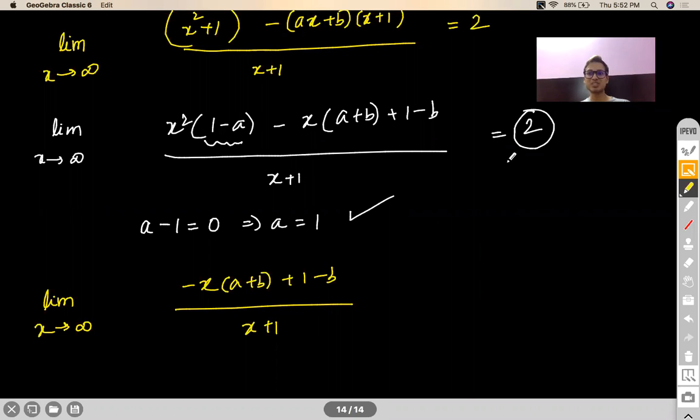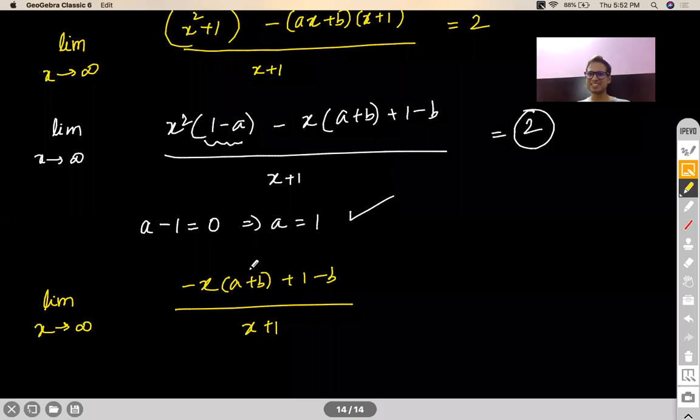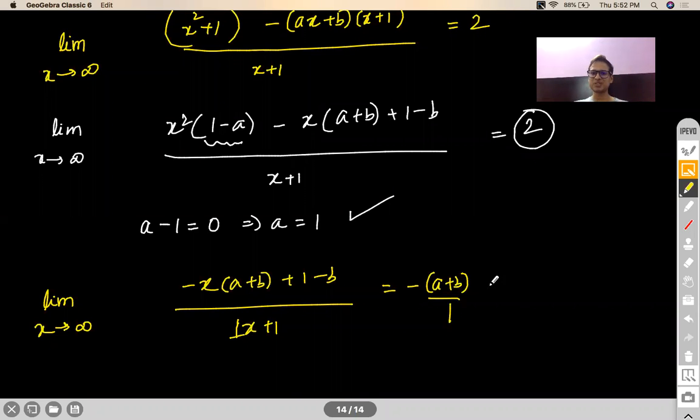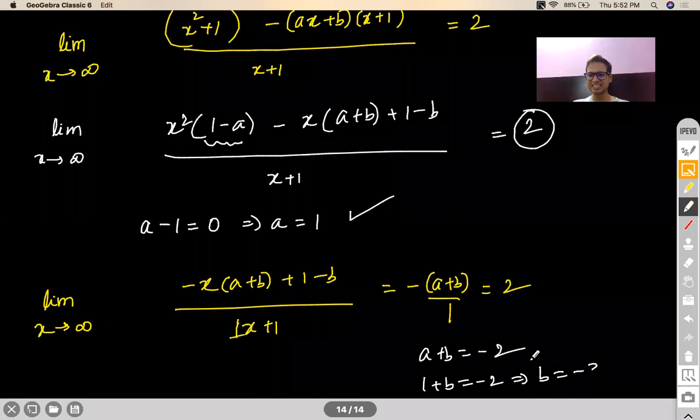But your answer is not 0, your answer is 2. That means this term here is not a 0 term. That means your answer for this question is actually minus a plus b by 1, and this term is actually your 2. In other words, a plus b was minus 2, a is already 1. So b value is minus 3.